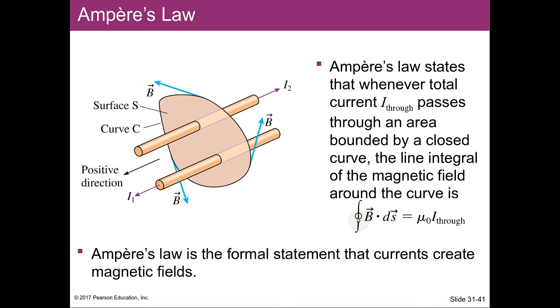So the line integral of the magnetic field along the closed curve is going to be proportional to the net current through that area enclosed by the curve.